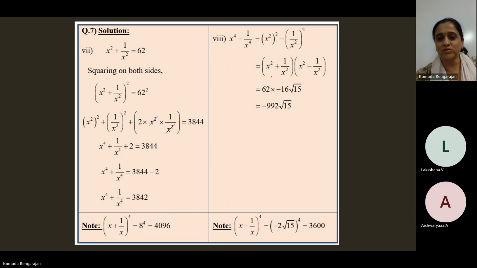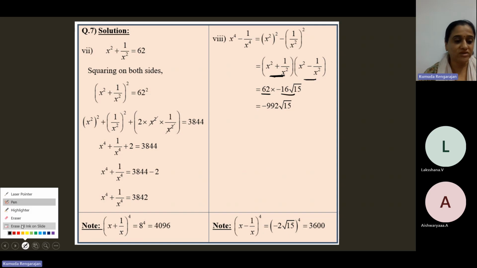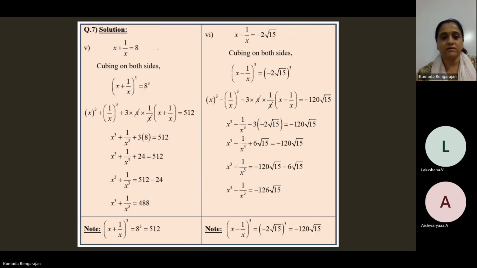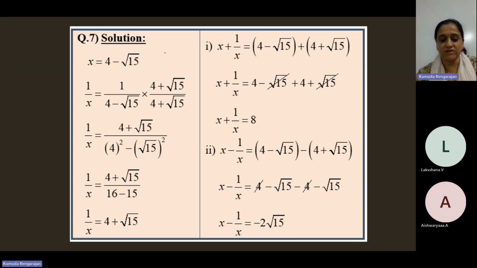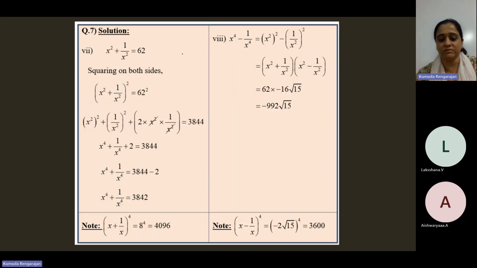We have the values of x square plus 1 by x square and x square minus 1 by x square already computed, so we have easily substituted here. But what if this was the question? If x is equal to 4 minus root 15, find x to the power 4 minus 1 by x to the power 4.